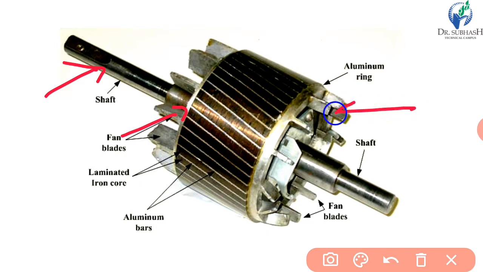Then the laminated iron core and aluminum bars are present. The white lines on the outer periphery are nothing but aluminum bars, and the laminated core is also there, and an aluminum ring is provided here. This is the aluminum ring. So this is a typical squirrel cage rotor.